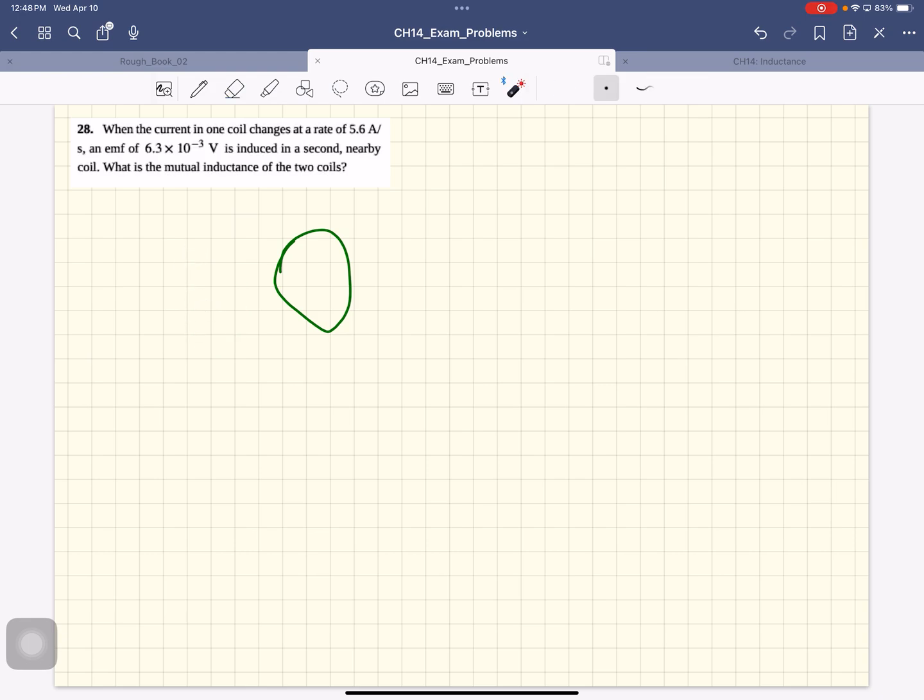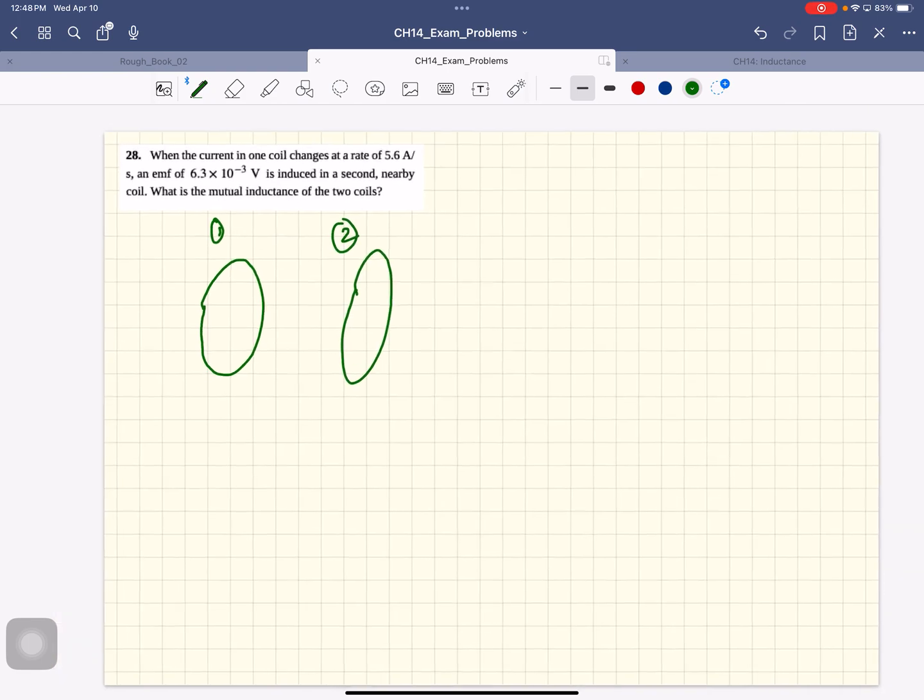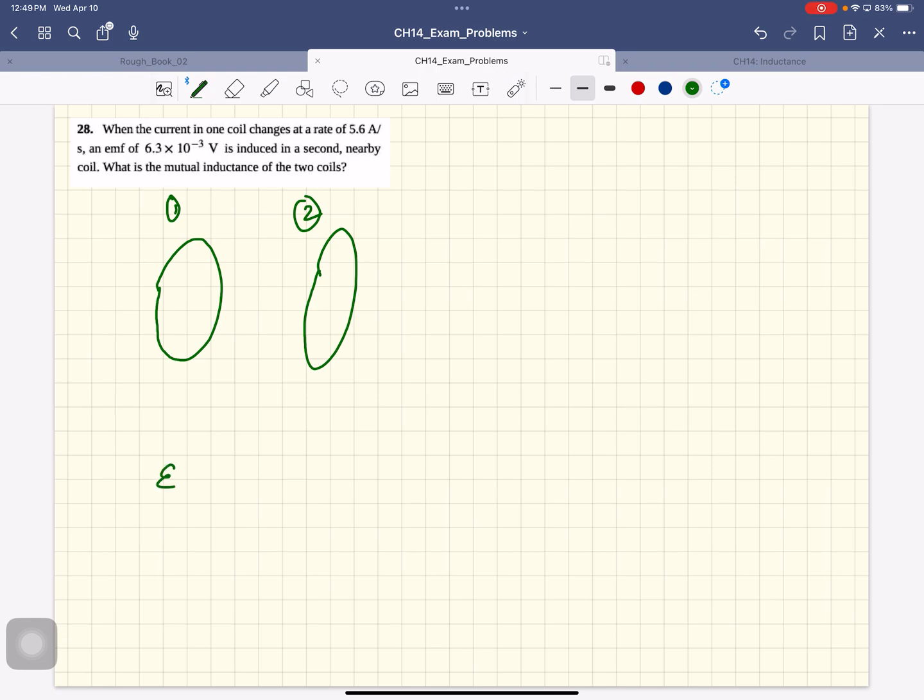So here's circuit 1 and circuit 2. Okay. So the equation is the EMF induced in circuit 2 is proportional to the rate of change of current in circuit 1. Now the sign tells you the direction of the EMF. Right now we're not interested in that.